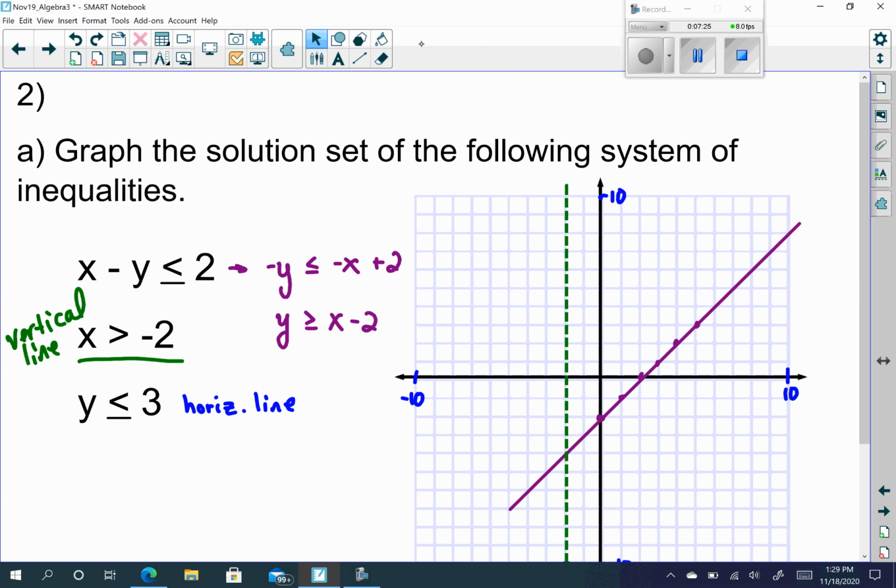Now let's go ahead and kind of write in where the shading is going to go. So for the first line, y is now greater than or equal to, so I'm shading on this side of the purple line above it. For my vertical line, I need to shade to the right of it. And my horizontal line is going to be a solid line, as I just mentioned. We go to 3 on the y-axis.